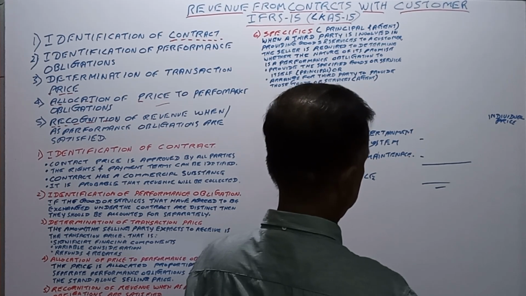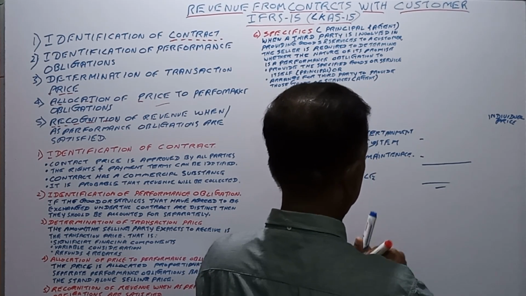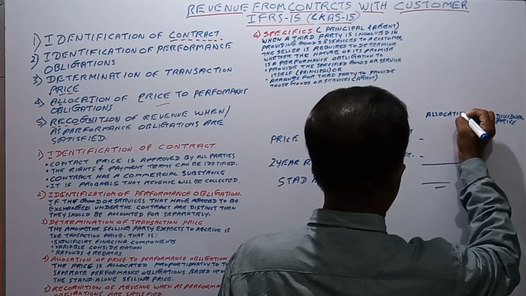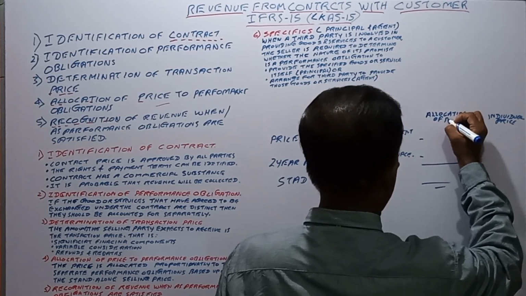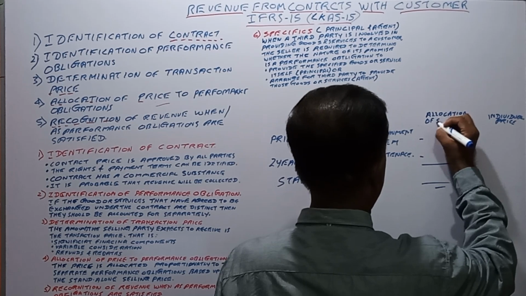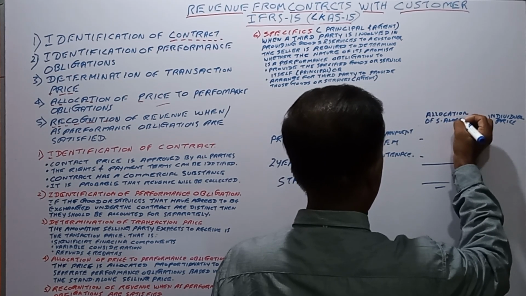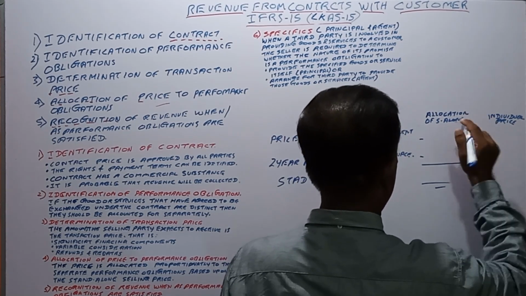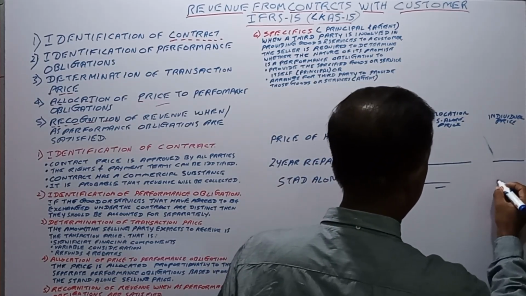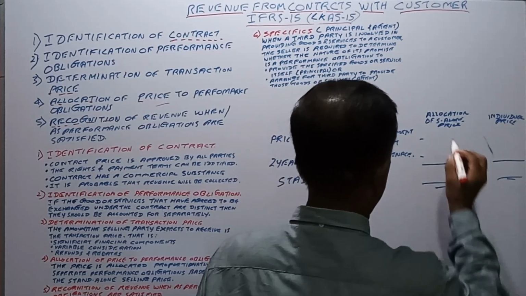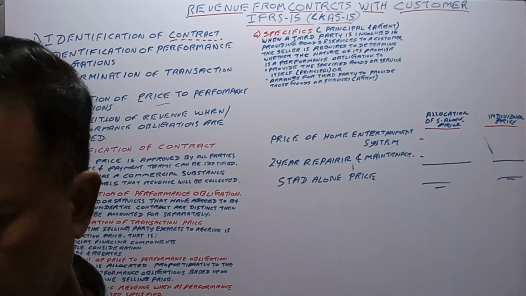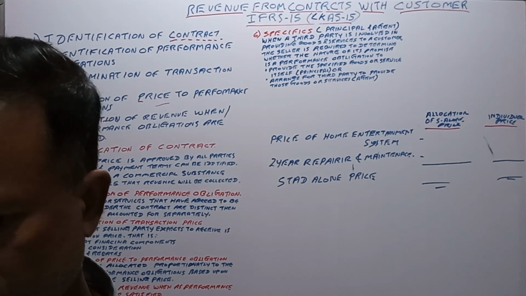Allocation of standalone price. Here they said the Rock and Company sells home entertainment systems including a 2-year repair and maintenance package for 10,000.